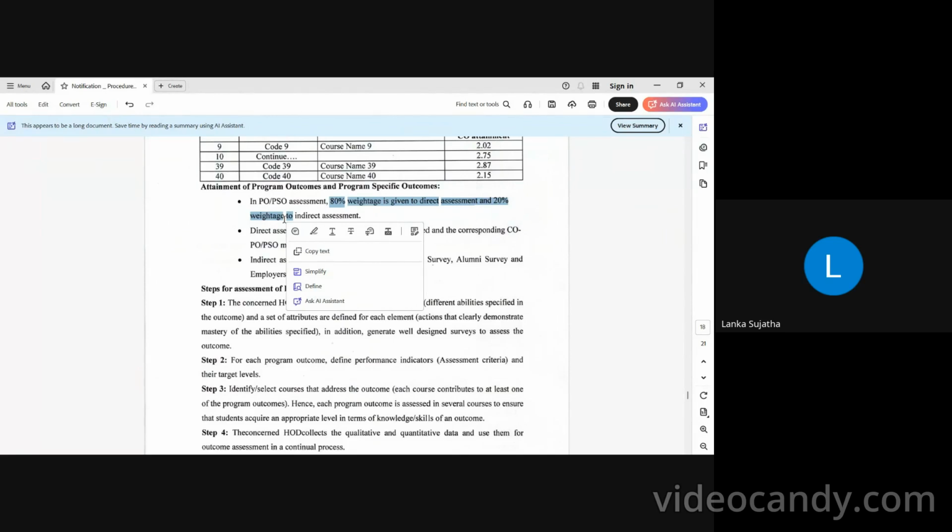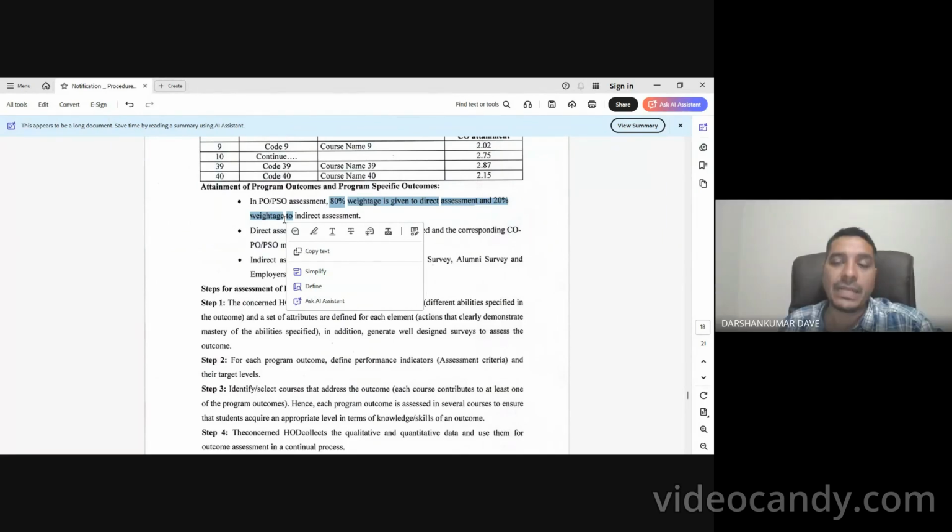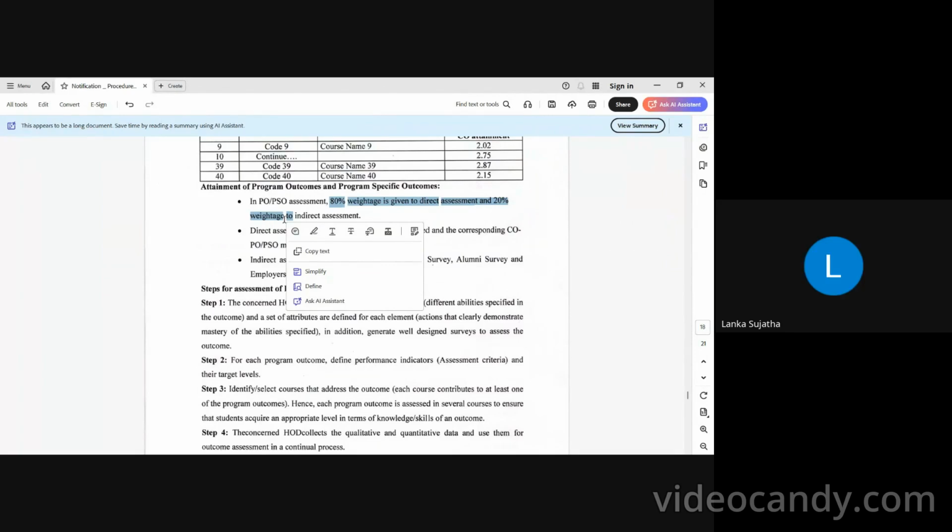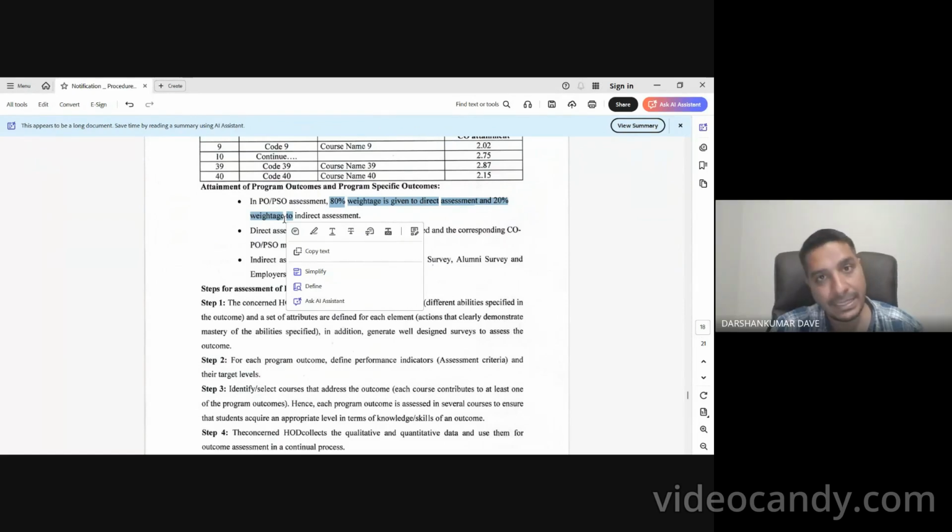Yes. Let me make it clear once again: this is a case study of a university which has the practice to include indirect assessment at the course level as well. So it is not compulsory to take indirect assessment according to course outcome? No, it is not compulsory.